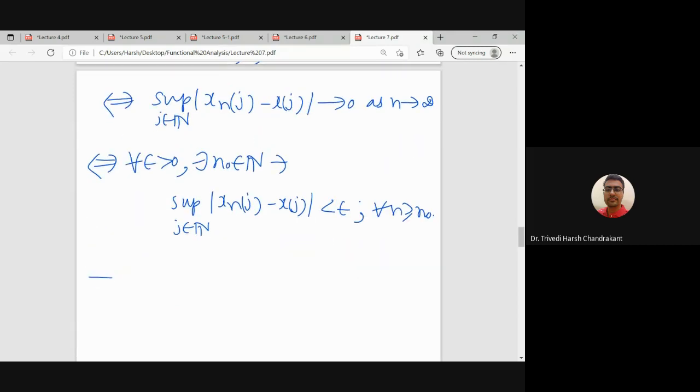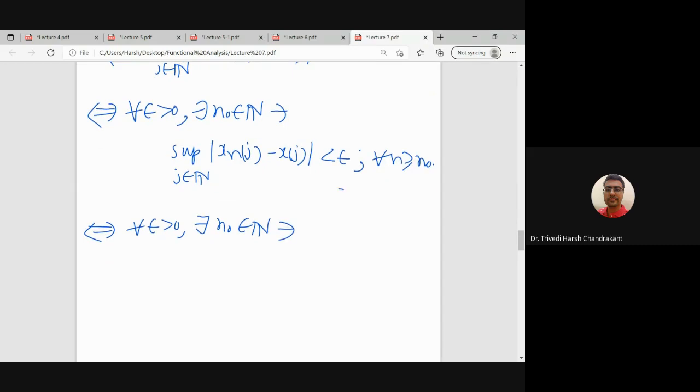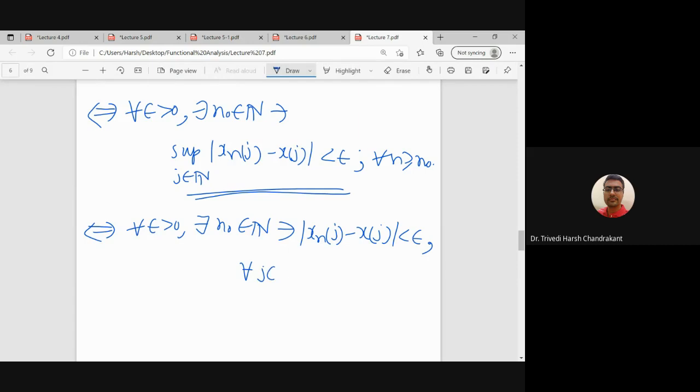And this is true for every j, right? Because it converges in the supremum, that means xnj minus xj is less than epsilon for all j belonging to the natural numbers, and for all n greater than or equal to n naught.